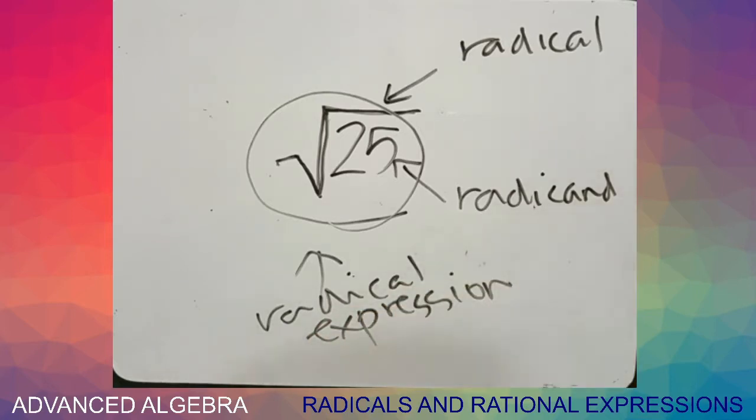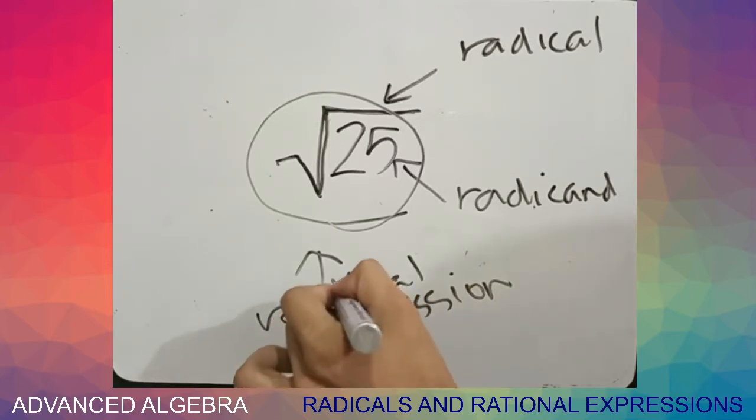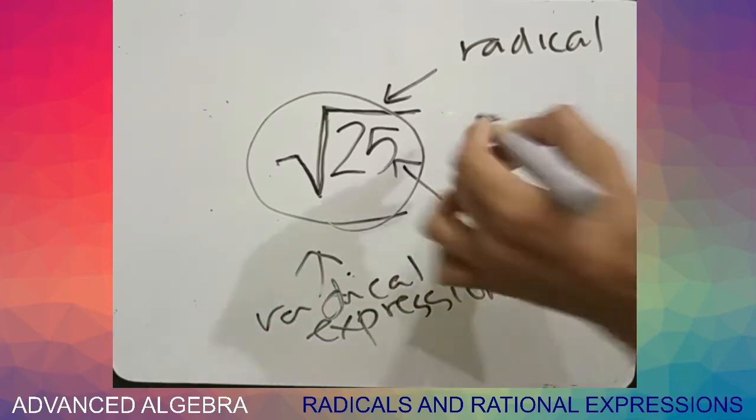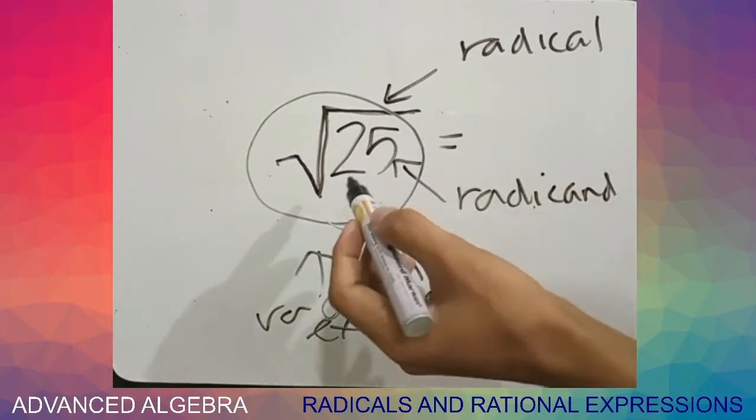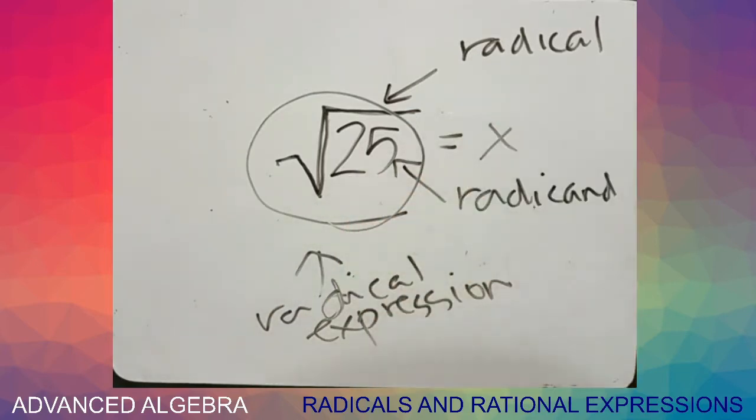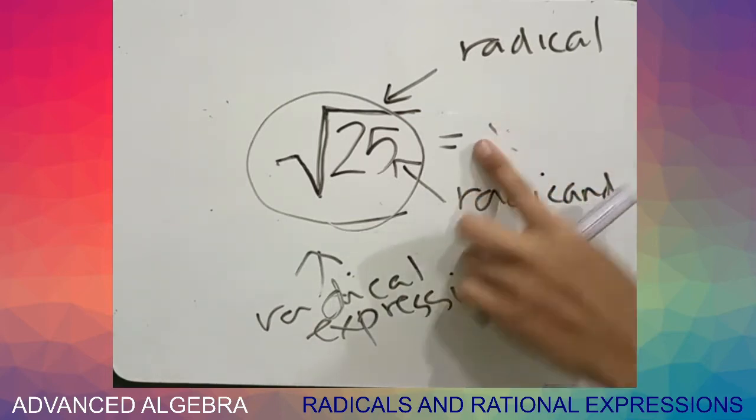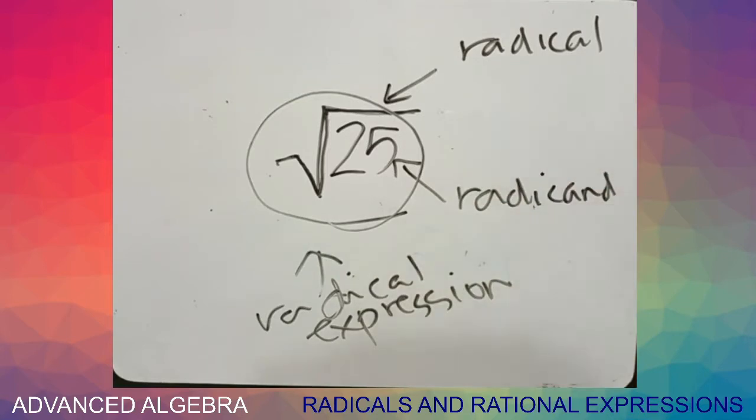Okay? So, bakit radical expression siya? Kasi, wala tayong equal sign dito. Kunwari, the square root of 25 is equal to x. So, hindi na siya radical expression. It is called a radical equation. So, dahil wala siyang equal sign, it is a radical expression.